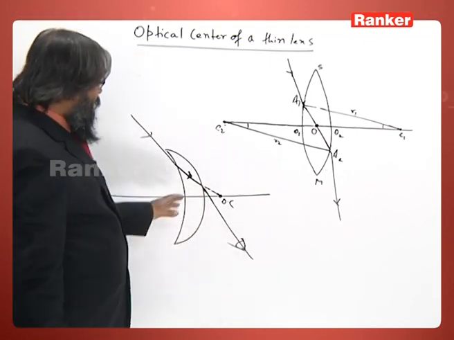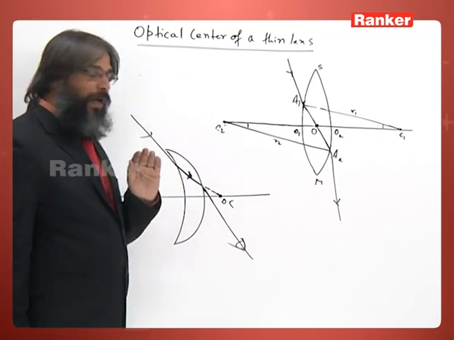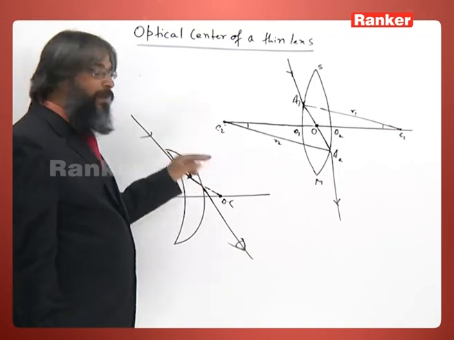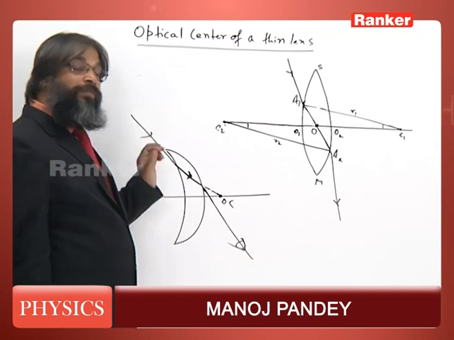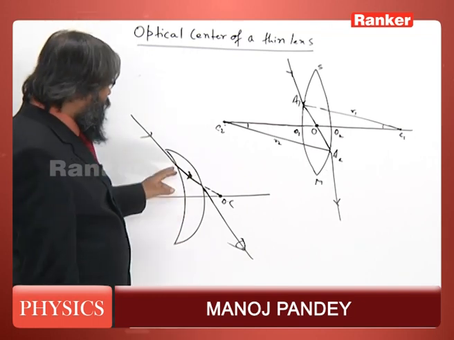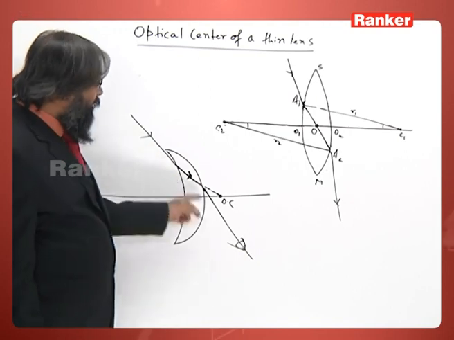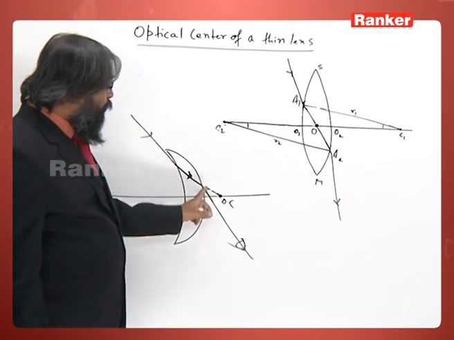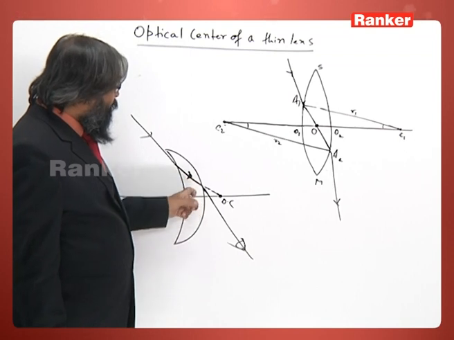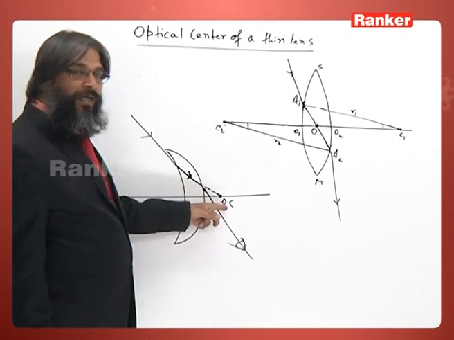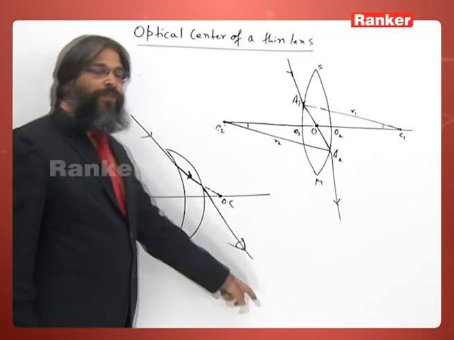So it is not necessary, first of all, that the optical center of the lens system will lie inside the physical boundary of the lens, and second, that the ray should physically pass through the optical center. For this type of lens, the ray seems to be inside the lens, seems to be falling on the optical center, but actually it comes out from here only.